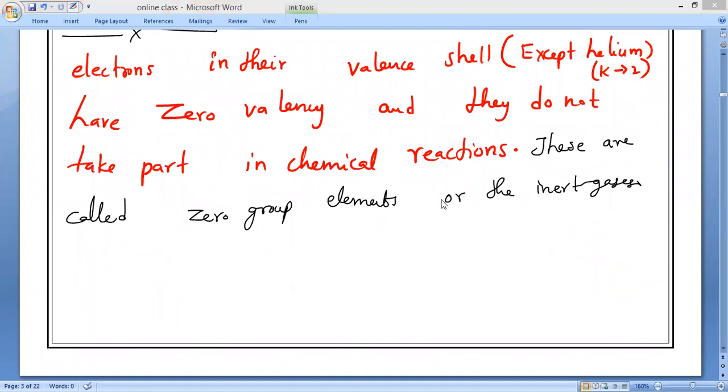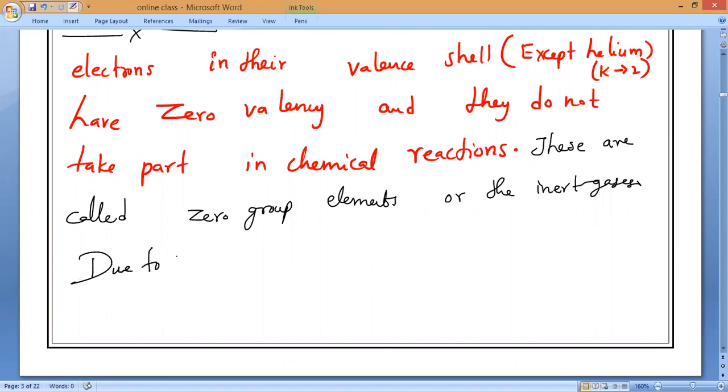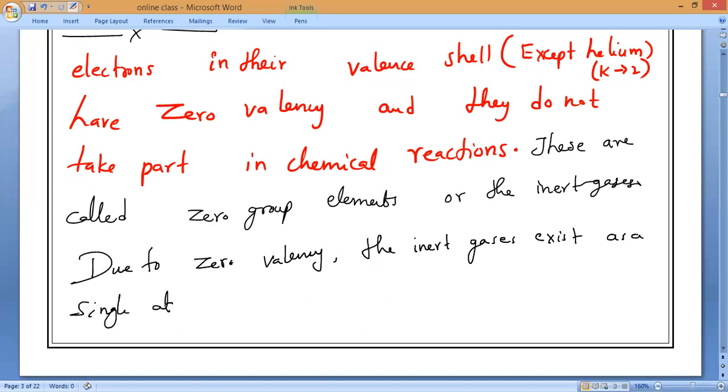That is because they are unreactive. That is why they are called monoatomic. Due to zero valency, the inert gases exist as a single atom, or monoatomic form. Are you clear, Omar?